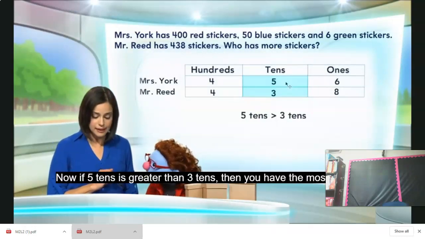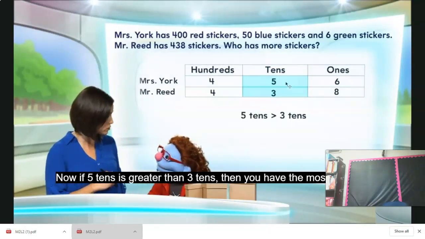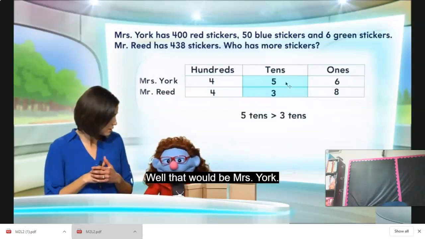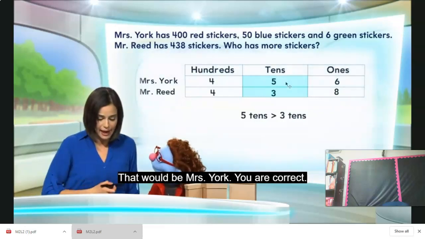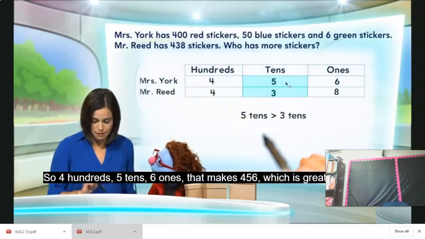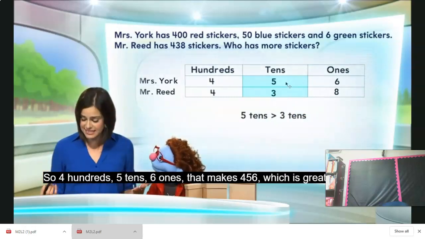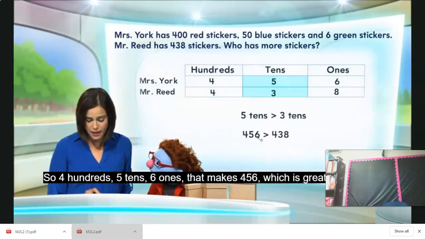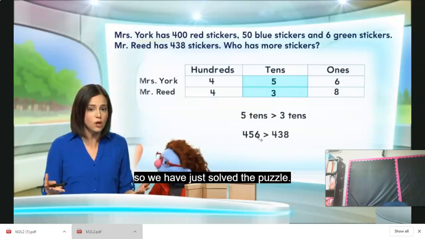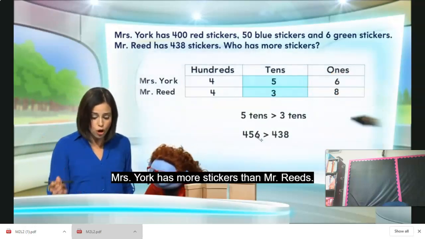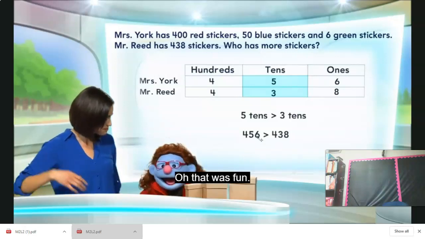Now, if 5 tens is greater than 3 tens, then who has the most stickers? Mrs. York. You're correct. So 400, 5 tens, 6 ones, that makes 456, which is greater than 438. So we have just solved the puzzle. Mrs. York has more stickers than Mr. Reed. Oh, that was fun.